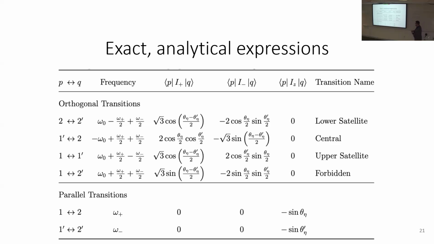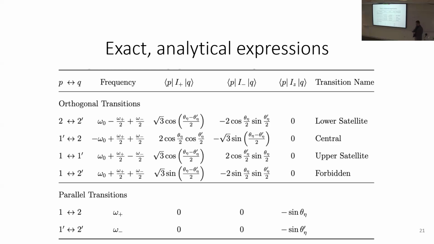In terms of these parallel transitions, it's a good point that the expressions are much simpler. You can see here that the signal for these parallel transitions is directly proportional to this minus sine theta eta, because that's how it is in the signal equation. Because theta eta is directly related to the EFG asymmetry parameter, you can look at the peak heights of your parallel transitions and immediately say something about the EFG asymmetry, if you can measure them.